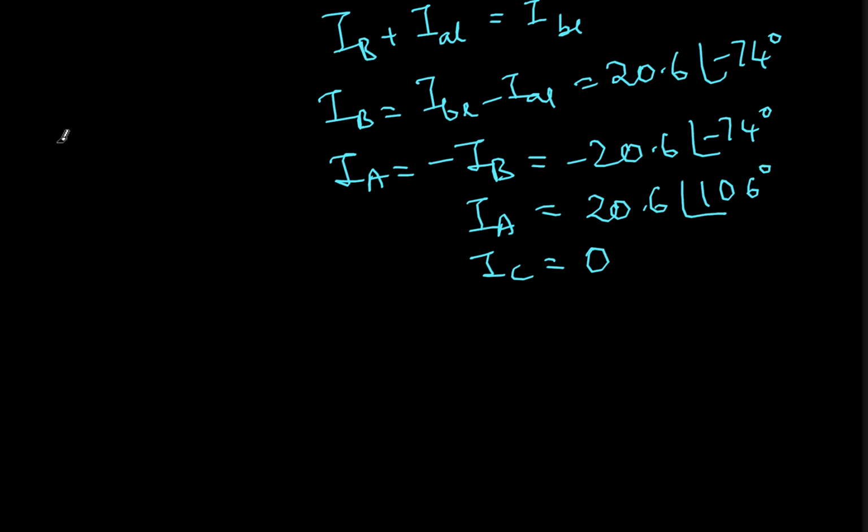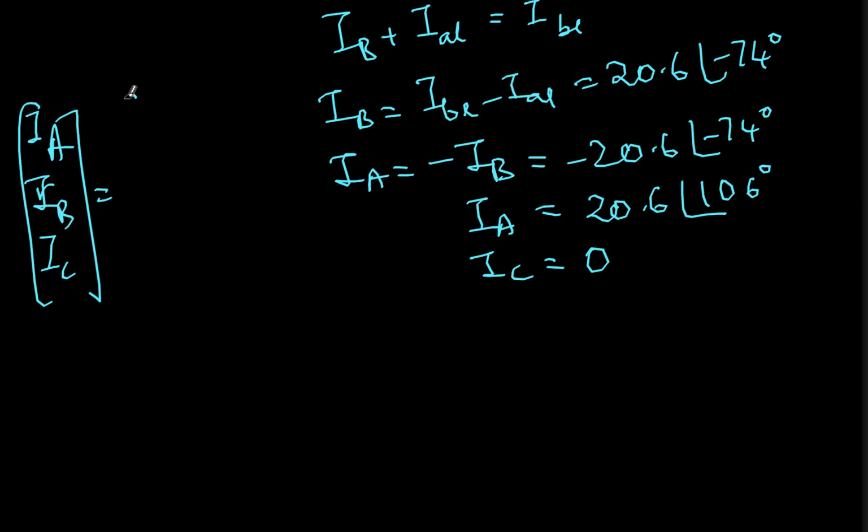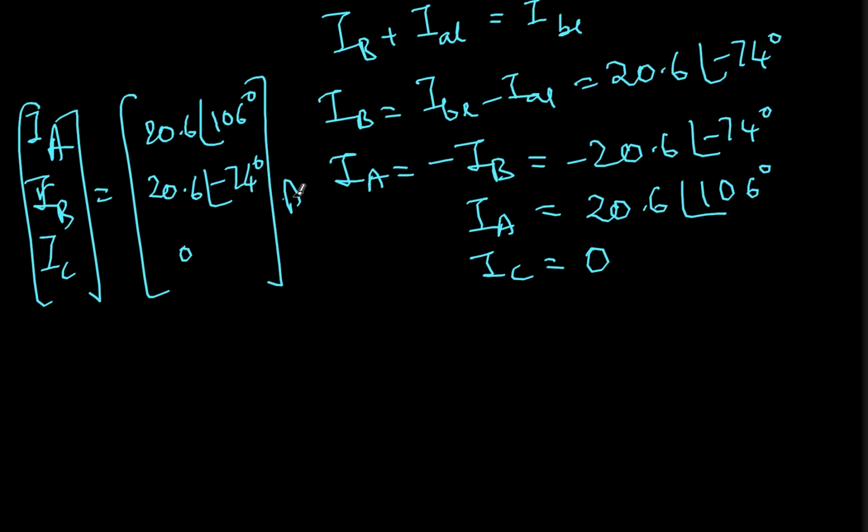Let me write it in matrix form. IA, IB and IC: 20.6 angle 106 degrees, 20.6 angle minus 74 degrees, and then 0. So these are my line currents.